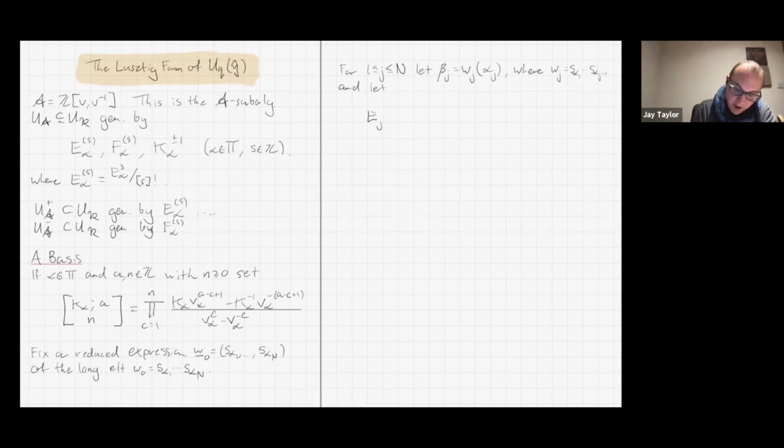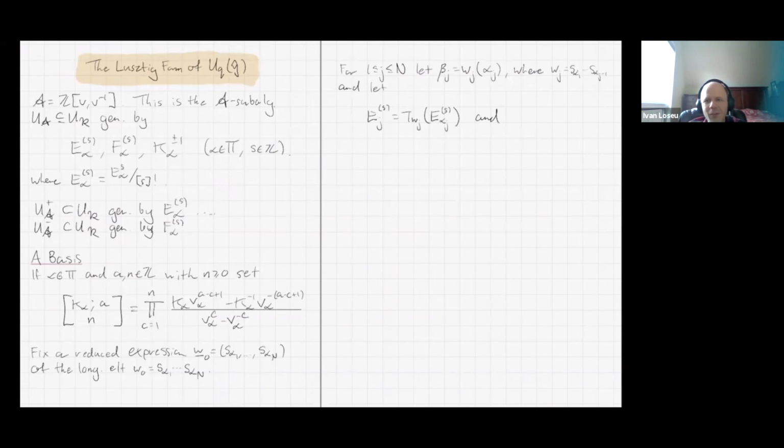And I'm going to define the divided powers in general by using this action of the braid group. They're still divided powers of something.